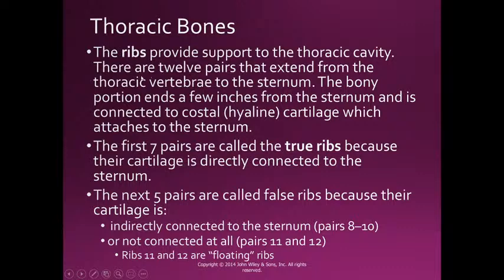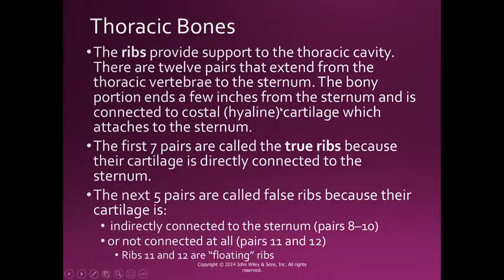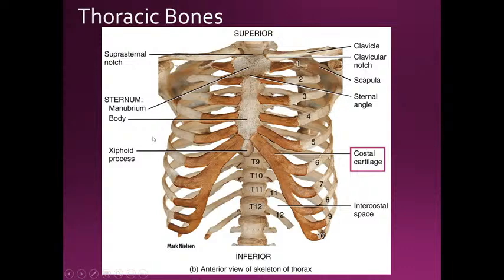They extend from the thoracic vertebrae to the sternum, except for 11 and 12, of course. Now, the costal cartilages we were just looking at in brown here in a living individual would be made of hyaline cartilage. All right, so we've covered all this.